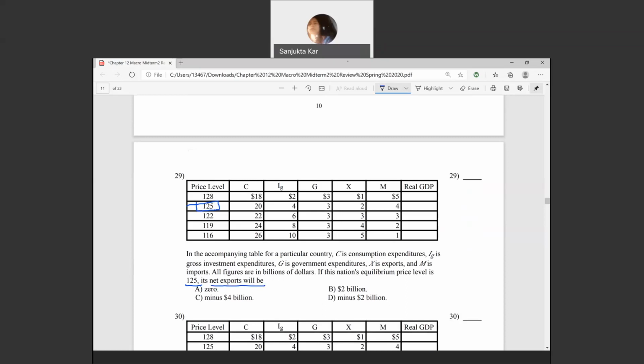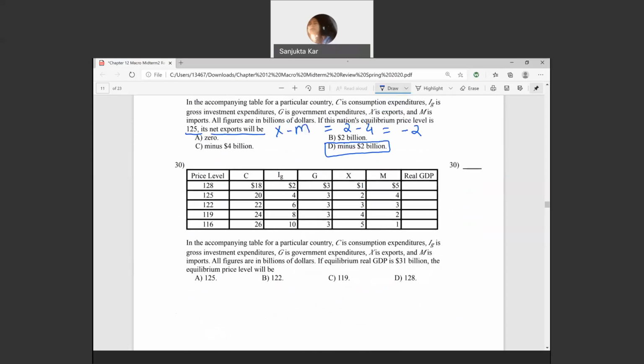All right, this is as easy as possible. Net exports will be equal to X minus M. So this is equal to 2 minus 4, and this is going to be negative 2. I don't see there is anything tricky in this question.